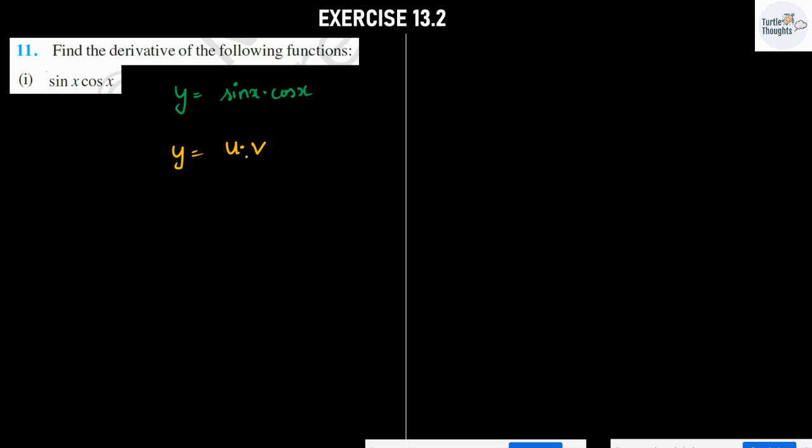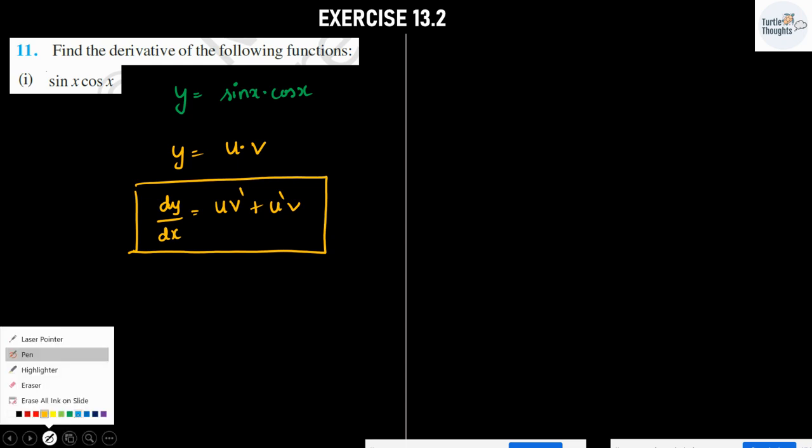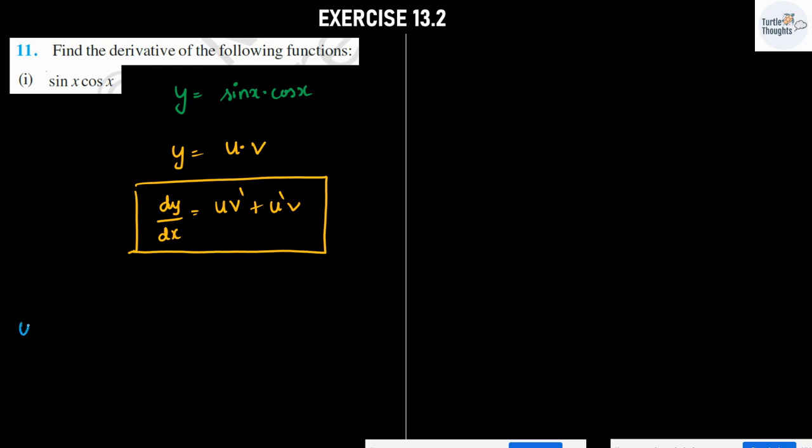If I have u multiplied by v, the formula for differentiation of y with respect to x is given by the product rule, which says u v dash plus u dash v. The differential of y with respect to x is going to be u multiplied by v dash plus u dash multiplied by v. I will be taking the value of u and v. u is going to be equal to sine x. v is going to be equal to cos x.